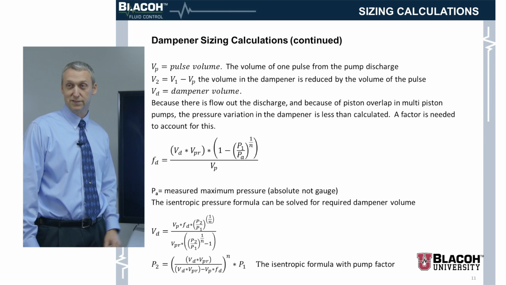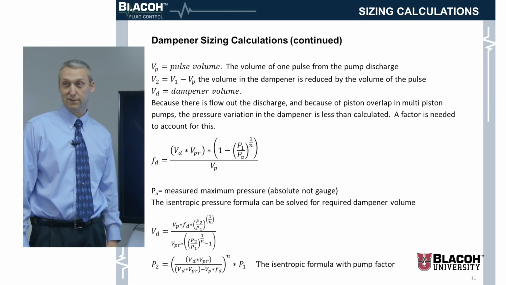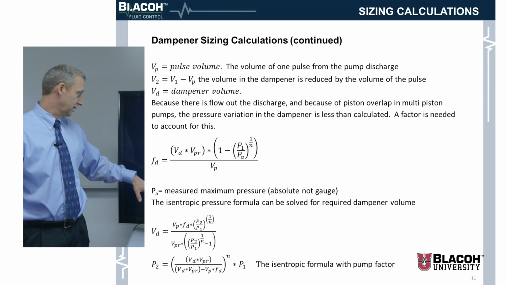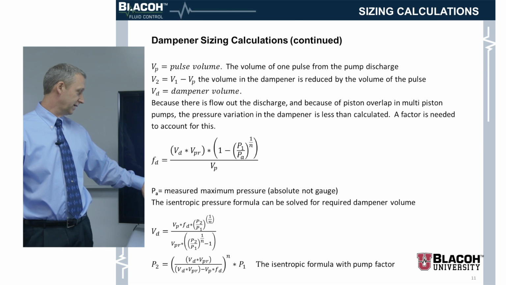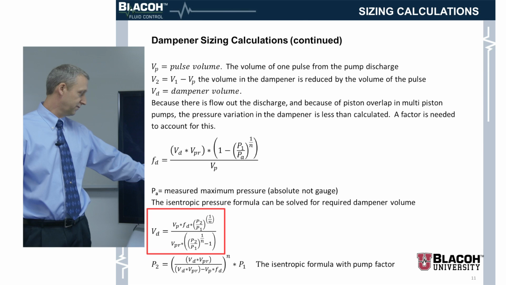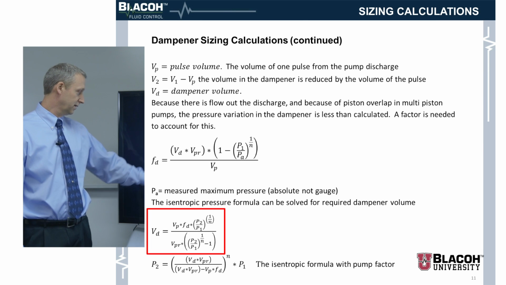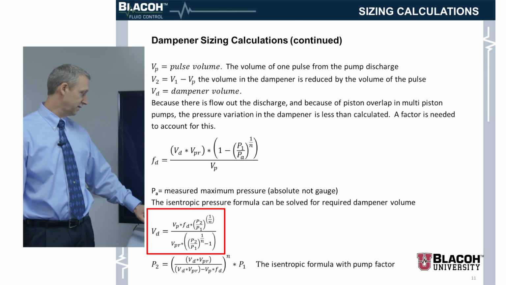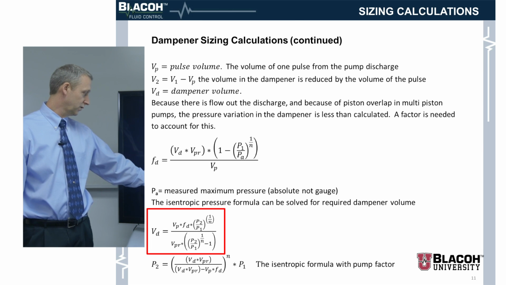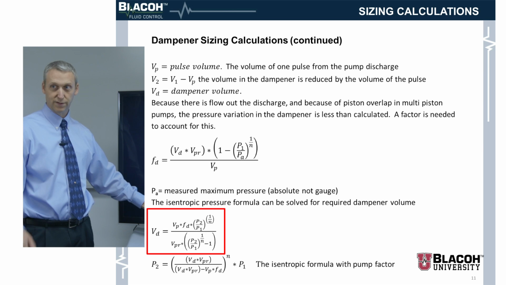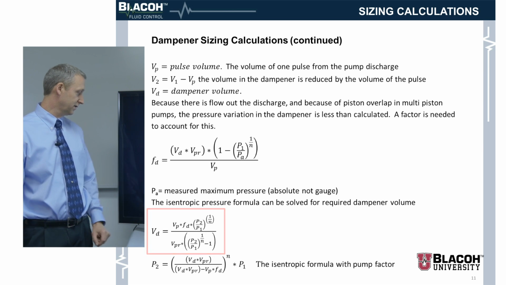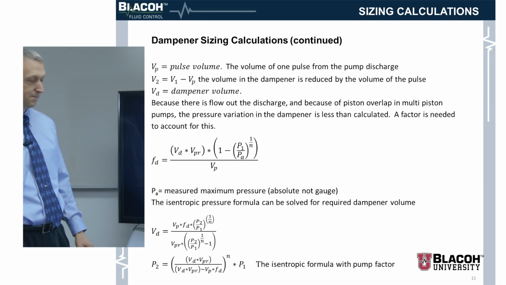Put it in an Excel spreadsheet, you get it once, and then you can calculate as many times as you want. Okay, now we can rearrange the formula again to give us the volume of the dampener that would be required for a given change in pressure. We can use this factor that we've developed from experiment, put it in the formula, and we put in the pressure that we're looking for as a system performance, and this formula will give us the volume of the dampener that we're looking for.